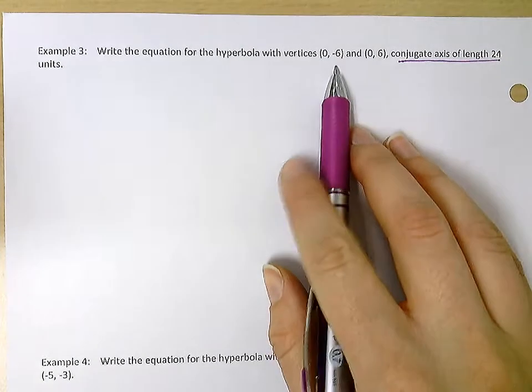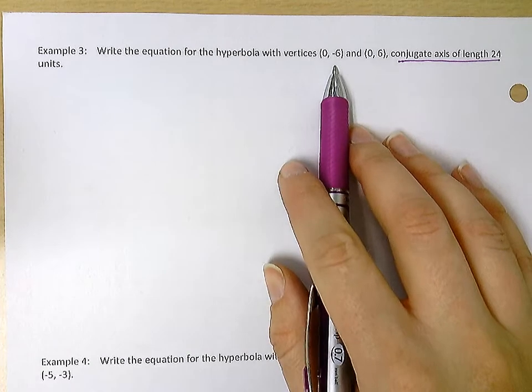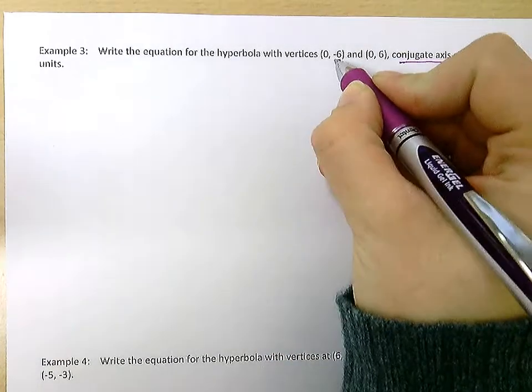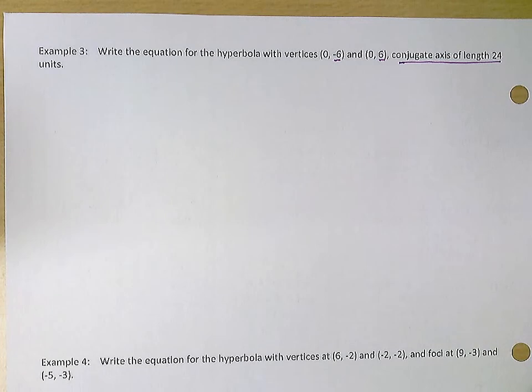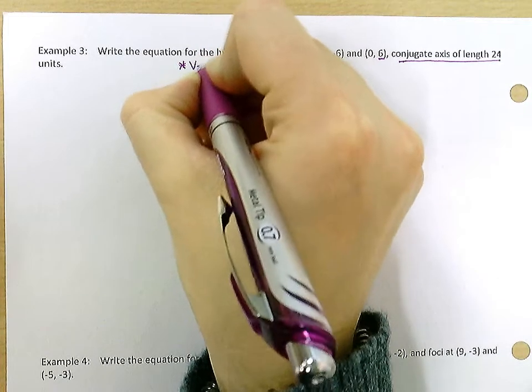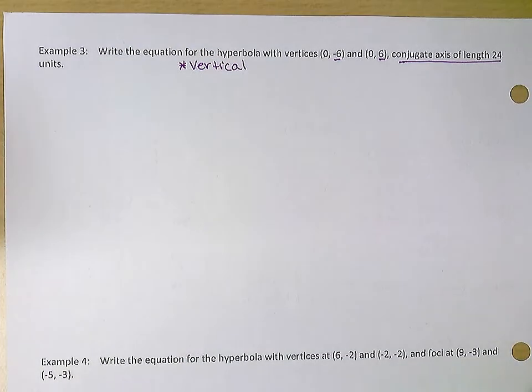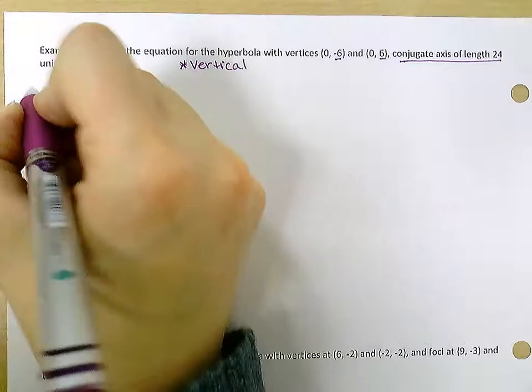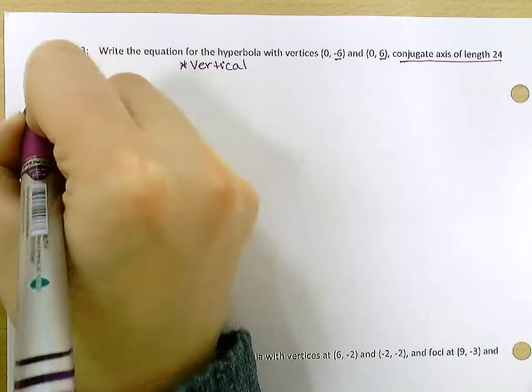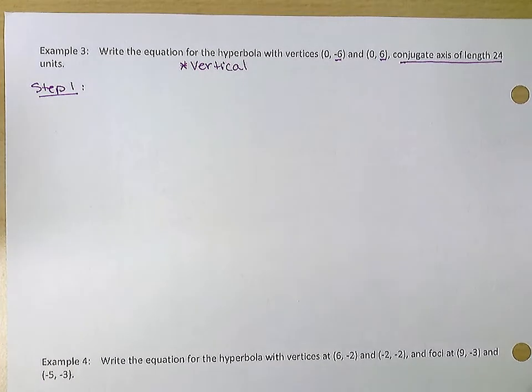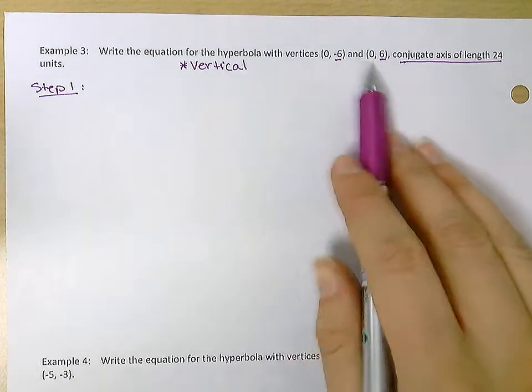So looking at my two vertices, deciding whether this is horizontal or vertical, my y values change between my two vertices. So since those y values are different, that makes it vertical because that's a change in your y axis. Okay, so this is a vertical hyperbola. So taking our step 1, finding our center, we need to find the midpoint between our two vertices.